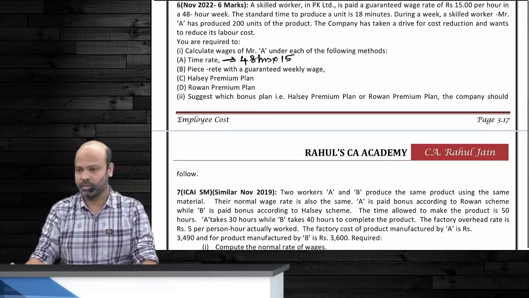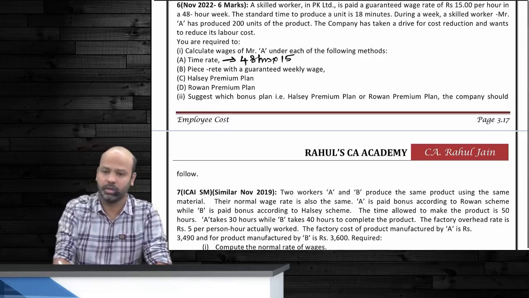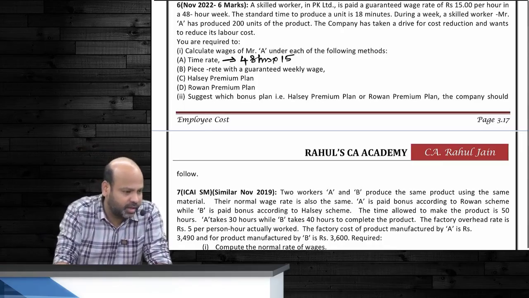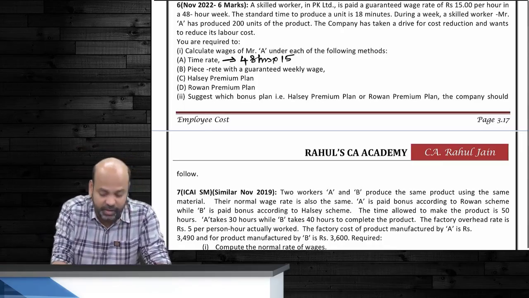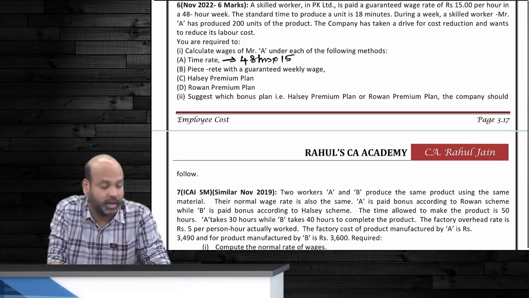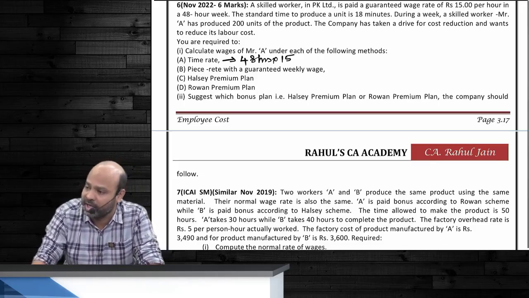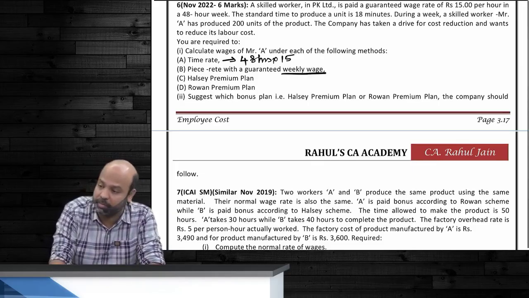Is that understood? Now the second one says piece rate with a guaranteed weekly wage. When they say with a guaranteed weekly wage, what does that mean?